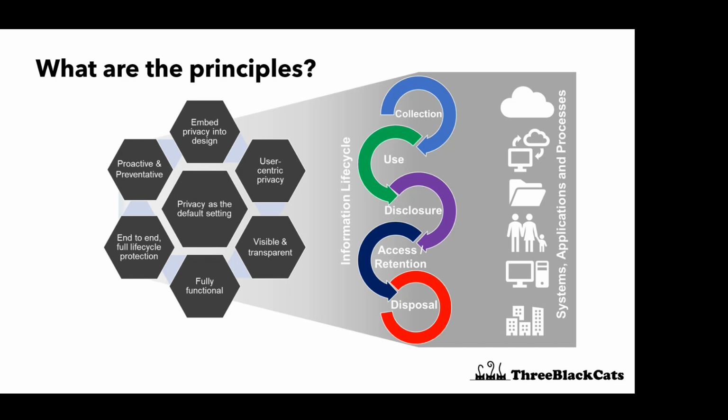We need to think then about user-centric privacy. So this is making sure that individuals have control. The privacy is focused on them, not about your company, and they have complete control of what they can do. We then have principles about being visible and transparent. This comes in a few flavors. It could be making sure the privacy settings are available to people and there is good guidance about how to use them.